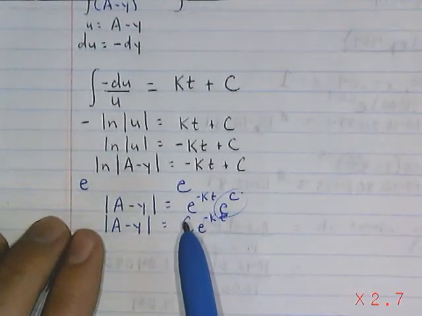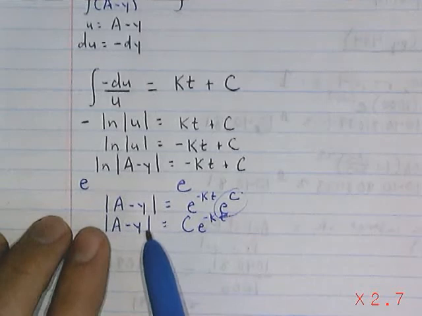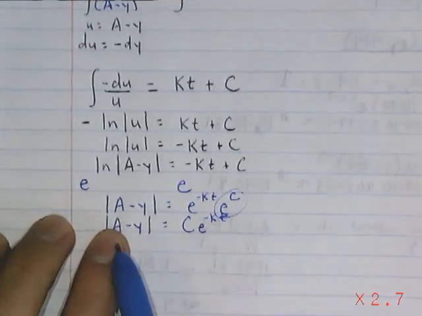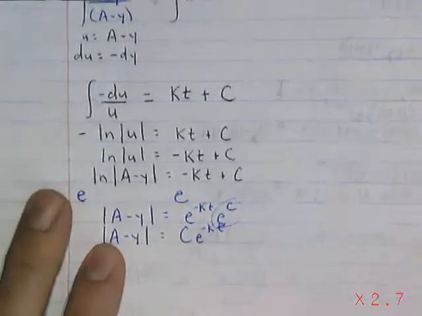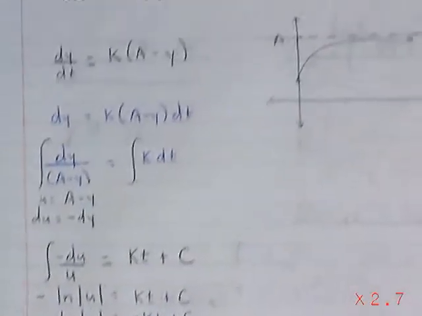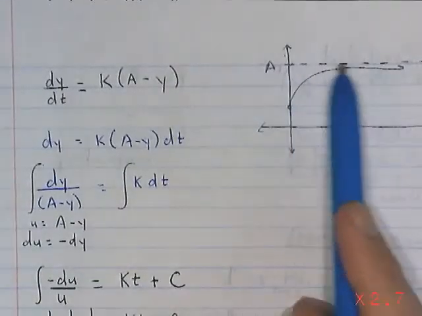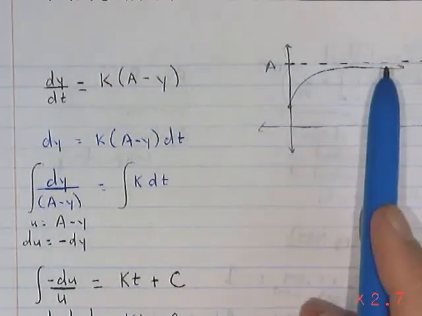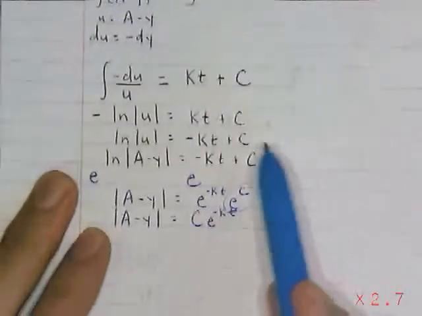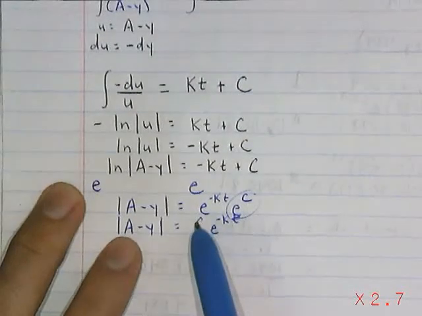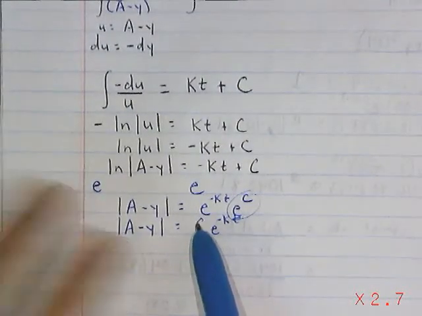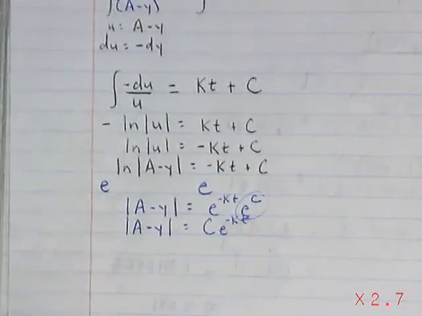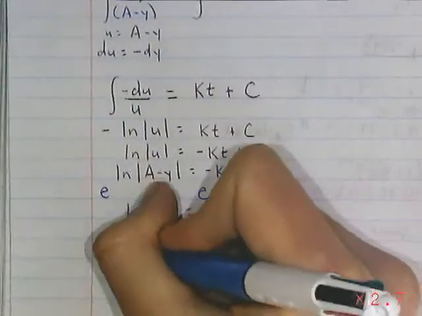A couple ways we could handle it. We could reason with ourselves that we know that y is always going to be less than a, because we've sort of self-established at the beginning that a is sort of this built-in cap or limit to our quantity. Or if we wanted to, we could do the plus or minus and then just say, well, c can be plus or minus, doesn't matter, let's choose it to be plus. In either case, the absolute values will go away.